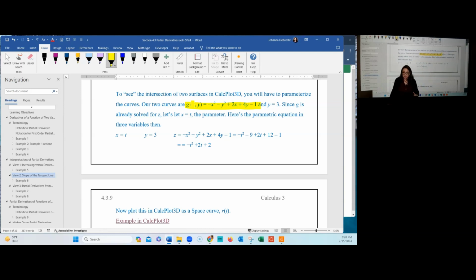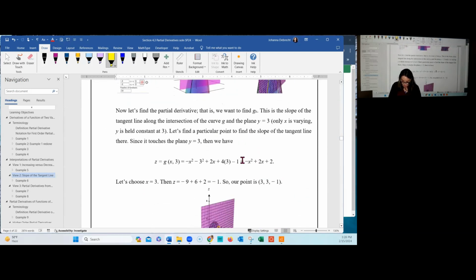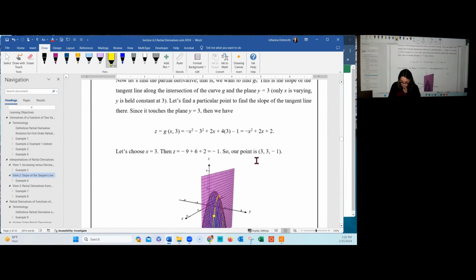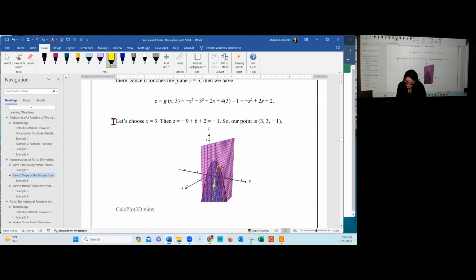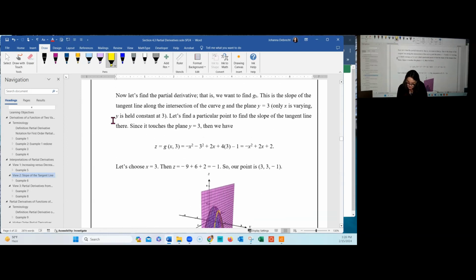All right, negative 2x plus 2 minus 1. When we come down here, then we have, well, let's see, it looks like I didn't write it down. So, that's a problem. Let me go ahead and write it down.